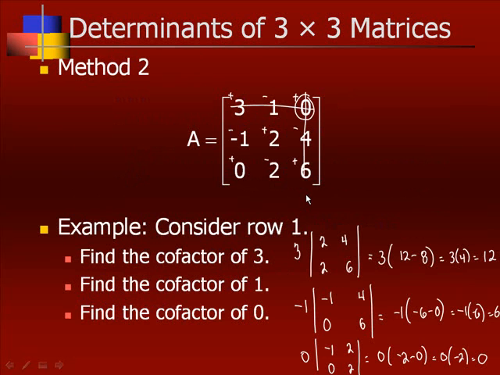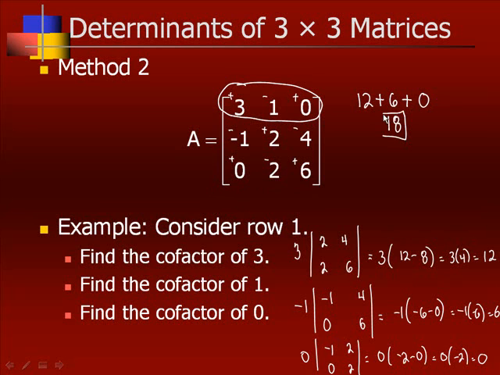So if I would have said choose row 1, then I would do 3 times the minor of that, which is 12, plus negative 1 times the minor of that 1, which was 6, plus 0 times the minor of that 0, which is 0, and we get 18, exactly what we got when we did method 1.